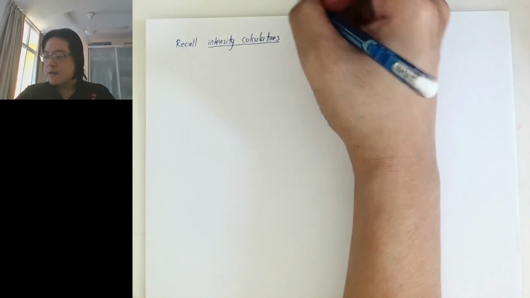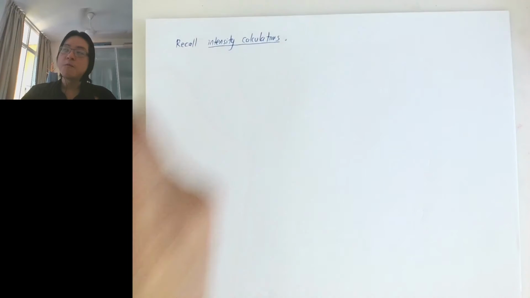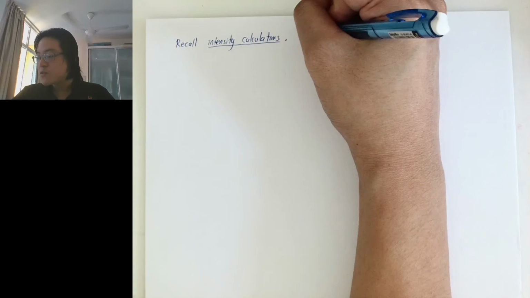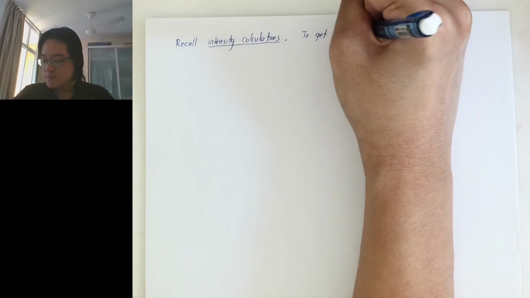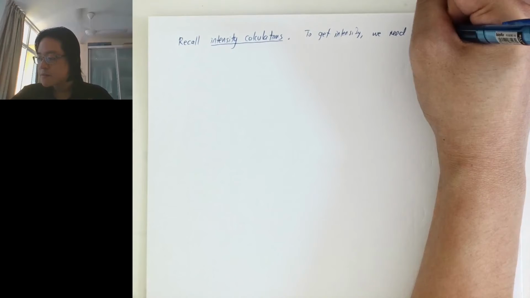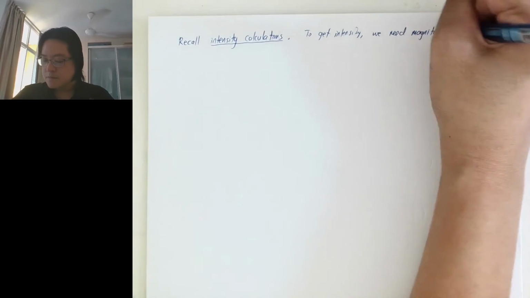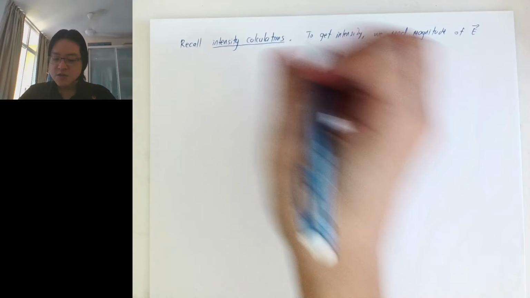Okay, intensity is the average. So to get intensity, we need the magnitude of the electric field E, right? So I got E1.